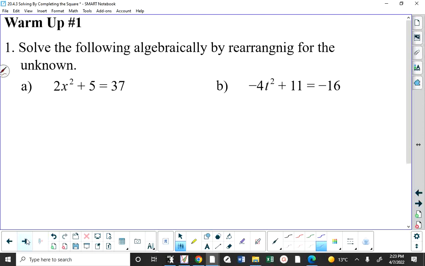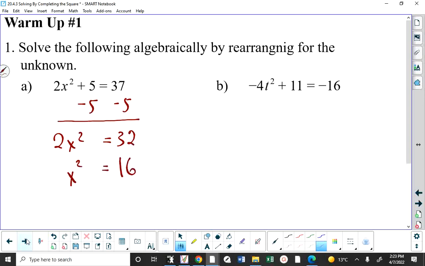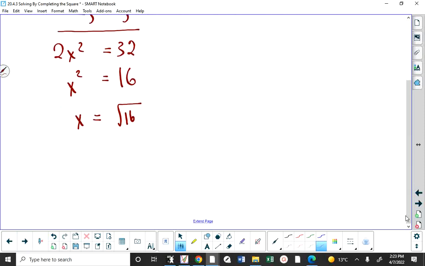All you have to do is subtract 5 from both sides and get 2x squared equals 32. You can divide both sides by 2 to get x squared equals 16. So x equals root 16. Which means x equals 4.